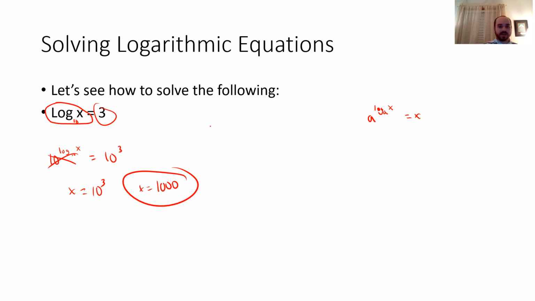So if you're thinking about this as an equation, and wondering why we can take 10 and raise it to the power of both of these things, as long as we take the same base on both sides, it's not actually going to change our equation. And I can prove that really quick. So if we do 5 minus 2 equals 3, you guys already know that this is true. If I take 10 and raise it to these powers, you're going to find that it's the same exact thing.